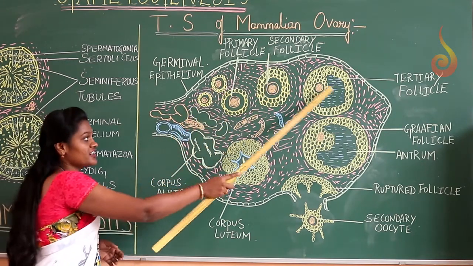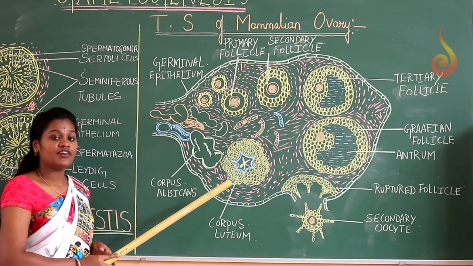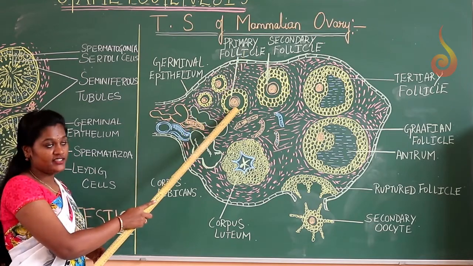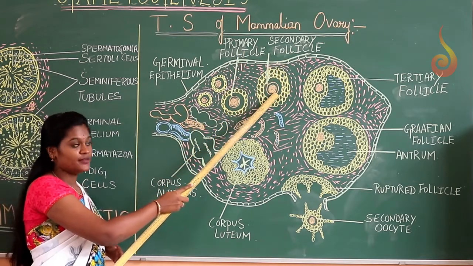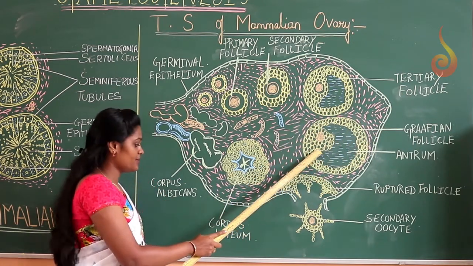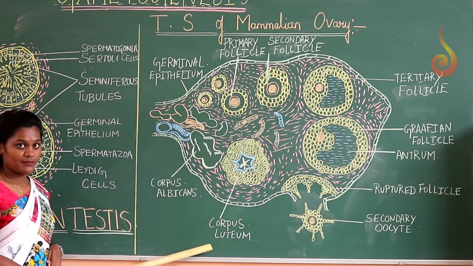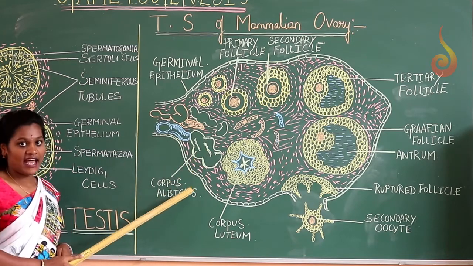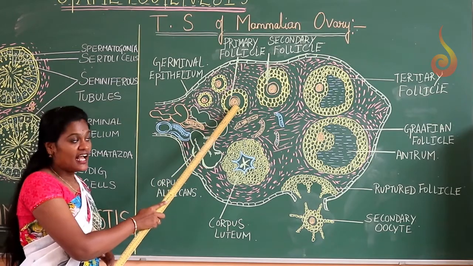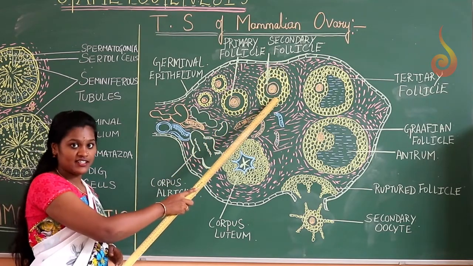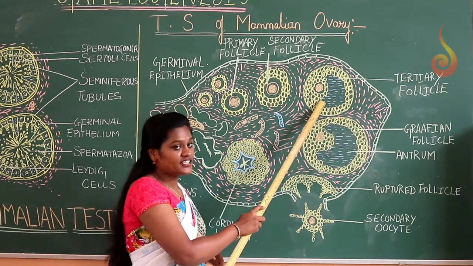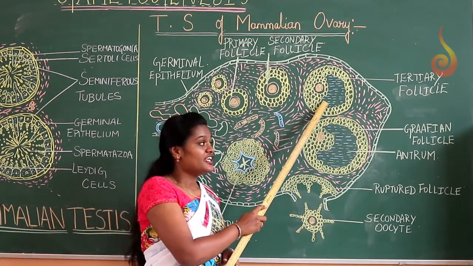The outer region cortex contains different ovarian follicles such as primary follicle, secondary follicle, tertiary follicle, Graafian follicle, corpus luteum and corpus albicans. Here, primary follicle and secondary follicle contains primary oocyte. Tertiary follicle contains primary oocyte.